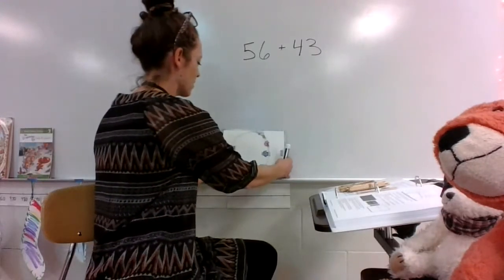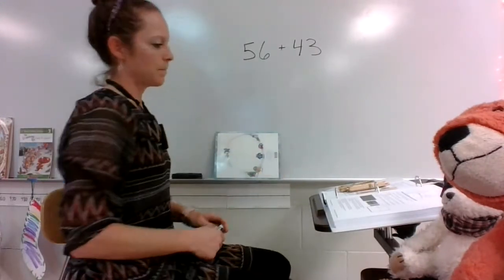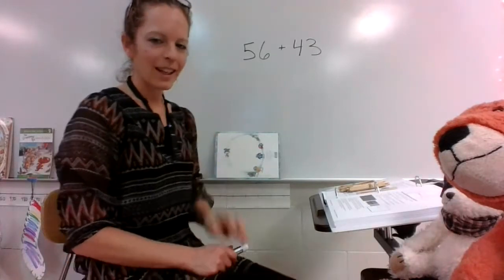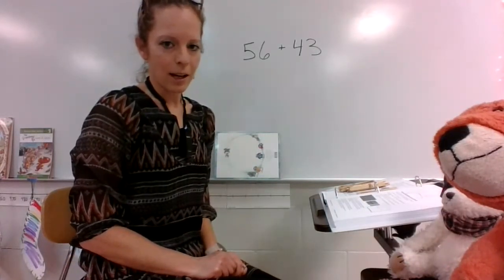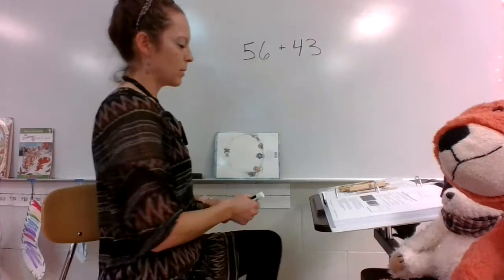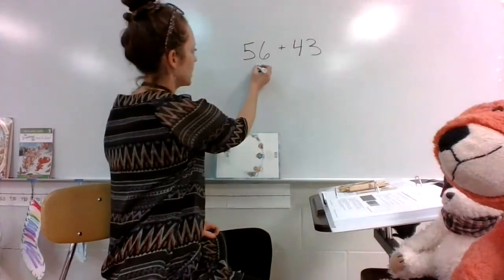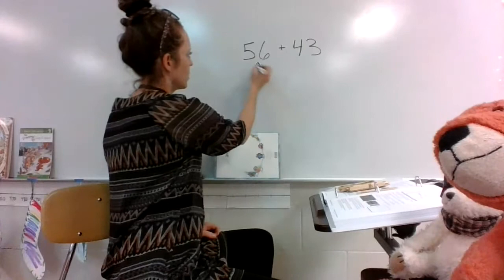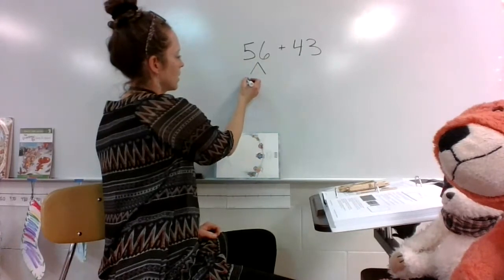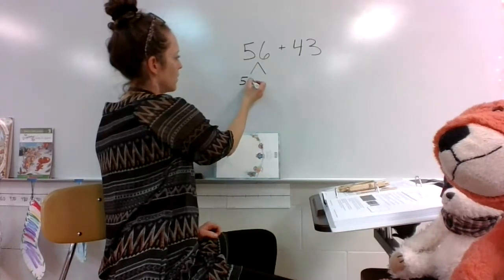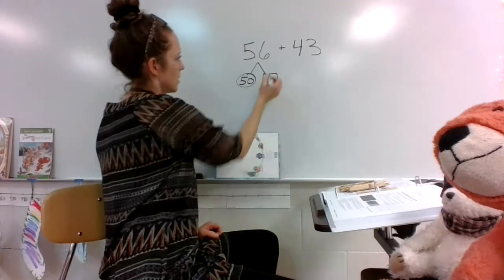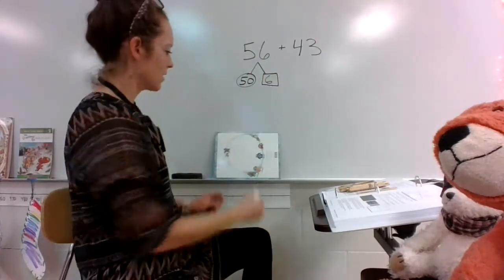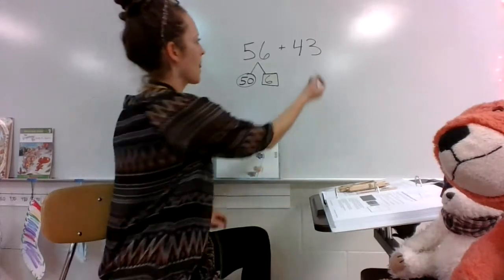You can't see those. Now, I could do the splitting strategy like before, which we can do. Split 56 into the 10s and the 1s. So 50 and 6 makes 56, just like our bundles and sticks.